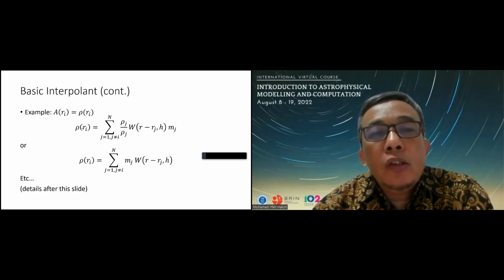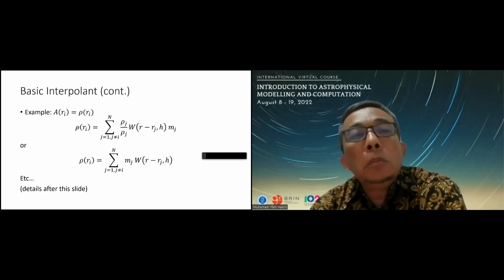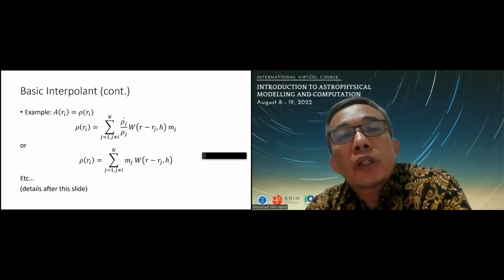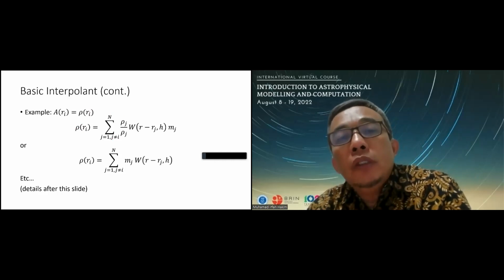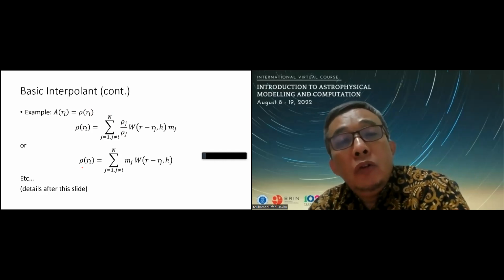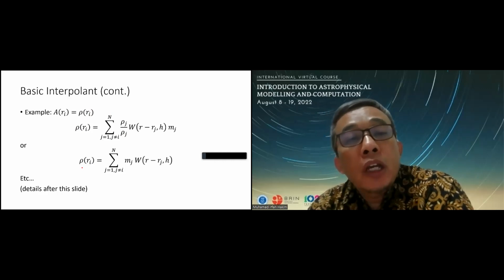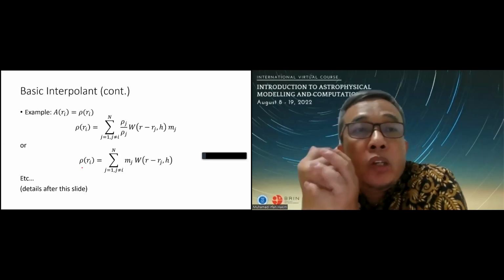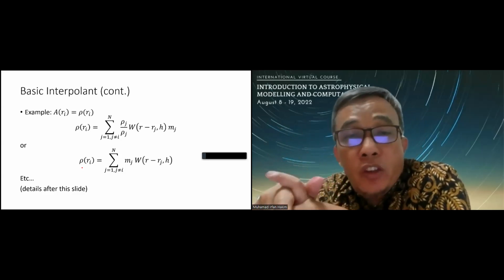So we put this value in the summation here, and now we know how to calculate rho using the basic interpolant in the SPH method.